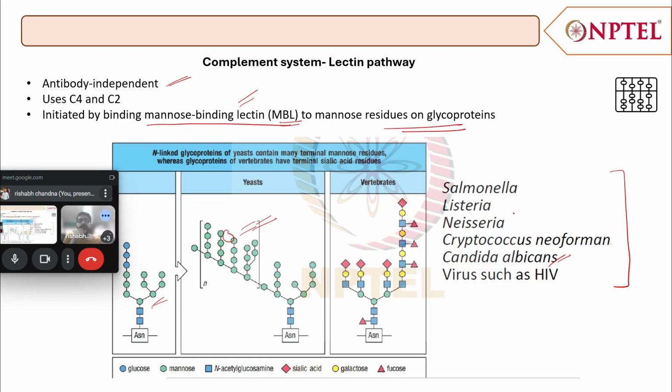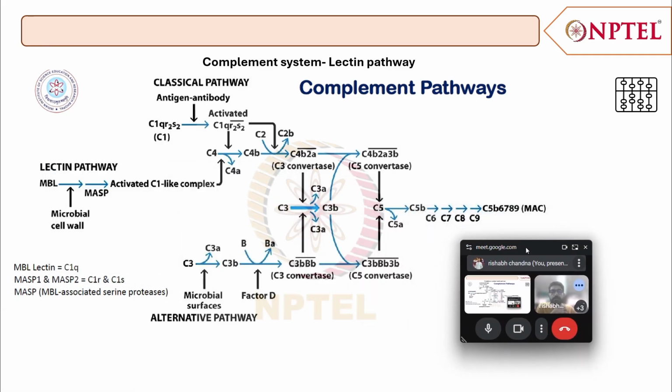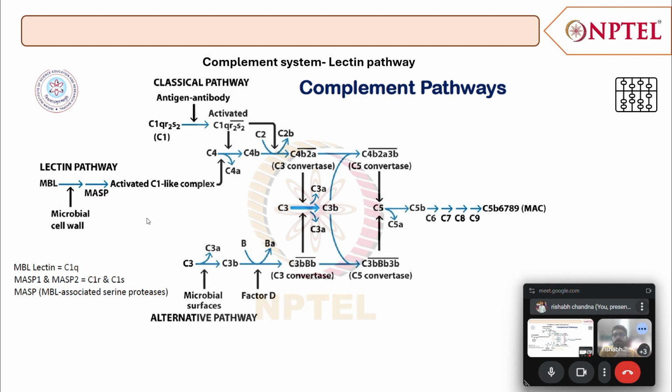So the microorganisms that have mannose start the lectin pathway. This lectin pathway starts with the mannose binding lectin on the microbial cell wall.